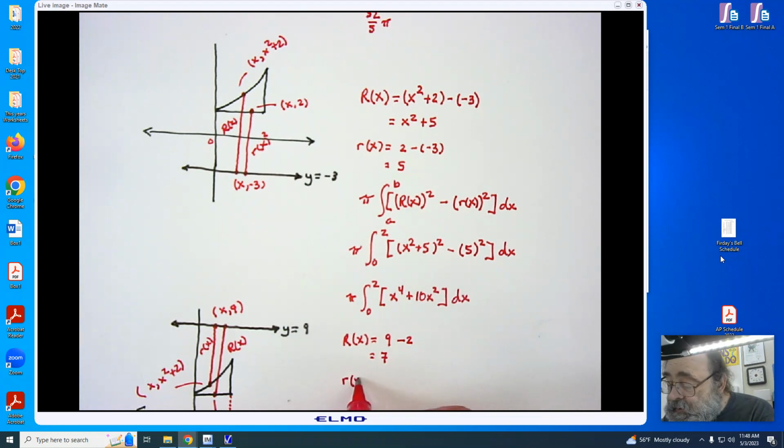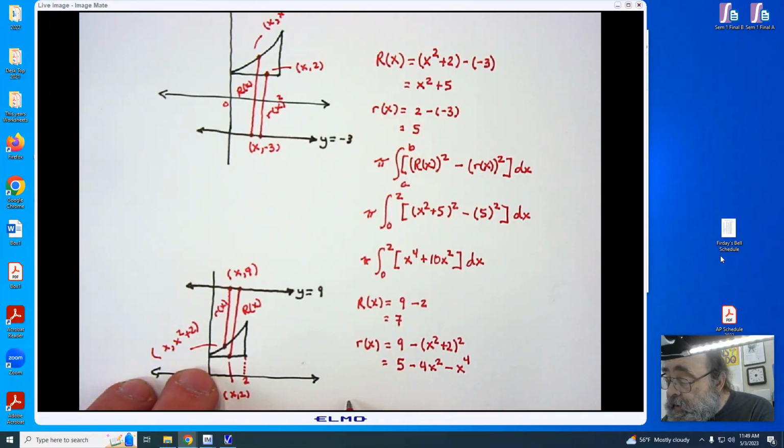Big R of x, or little r of x, excuse me: 9 minus the binomial, x squared plus 2, the quantity squared. This is going to give me 9 minus 4 is 5, minus 4x squared minus x to the 4th.